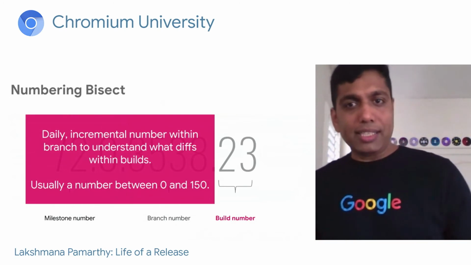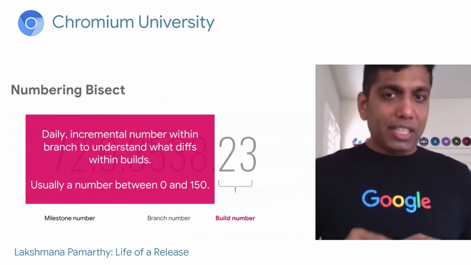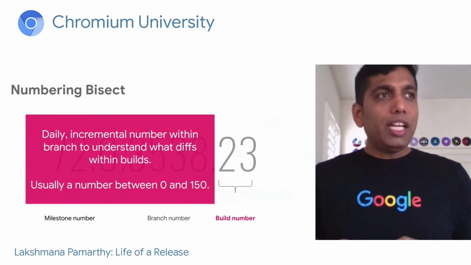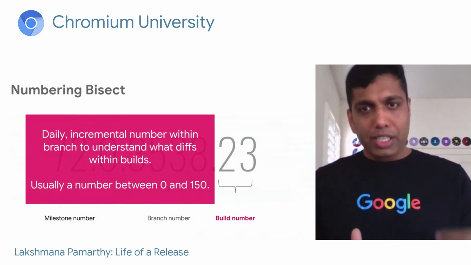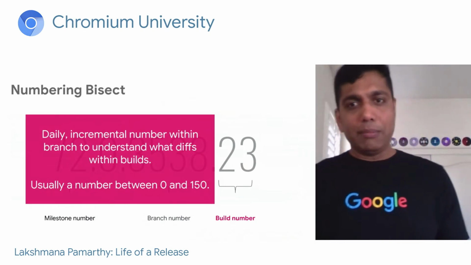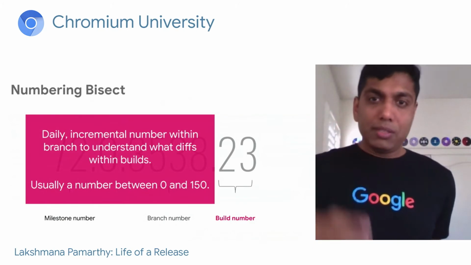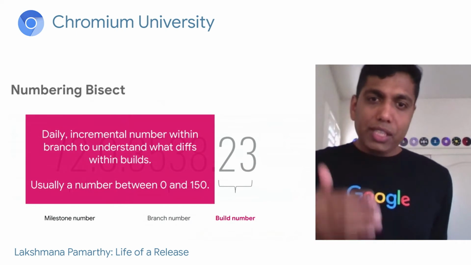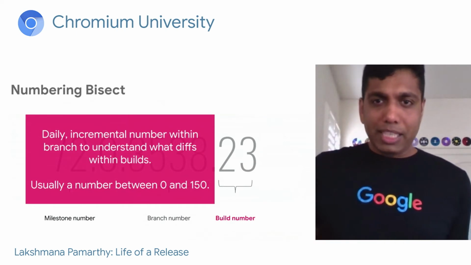You can see on the right side, the 23 is the build number for that particular branch. If we are promoting, let's say, beta every week in that particular branch, this number keeps changing because it's incrementing. When we promote to the stable, this number will also be different. As we spin the branch, this number keeps incrementing.